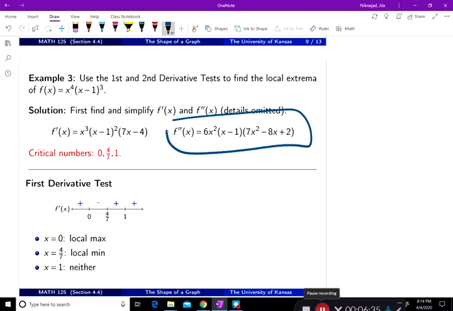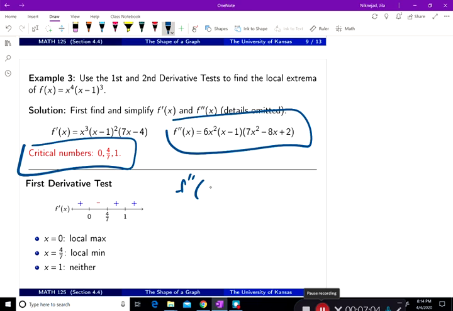With a similar process to what we did before, we found the second derivative of the function and we factored it. In here, what we need to do is figure out what f double prime is at each critical number, so the part in finding the critical numbers is the same for both.